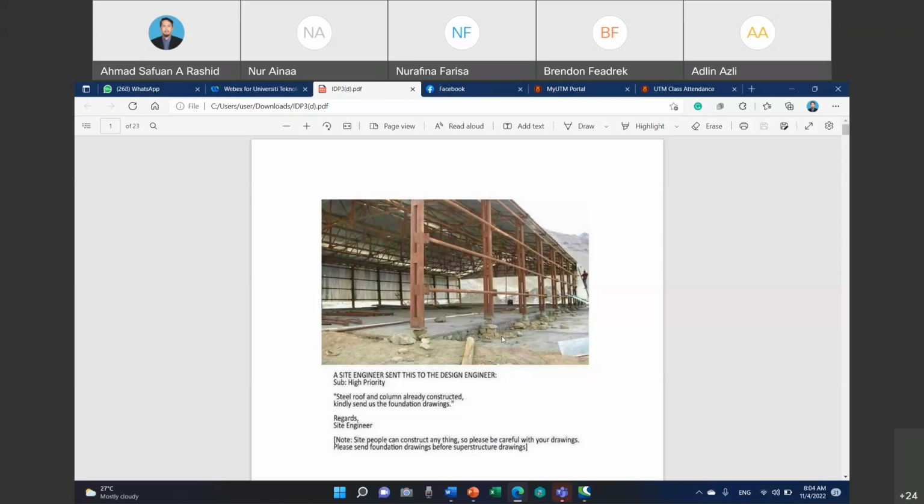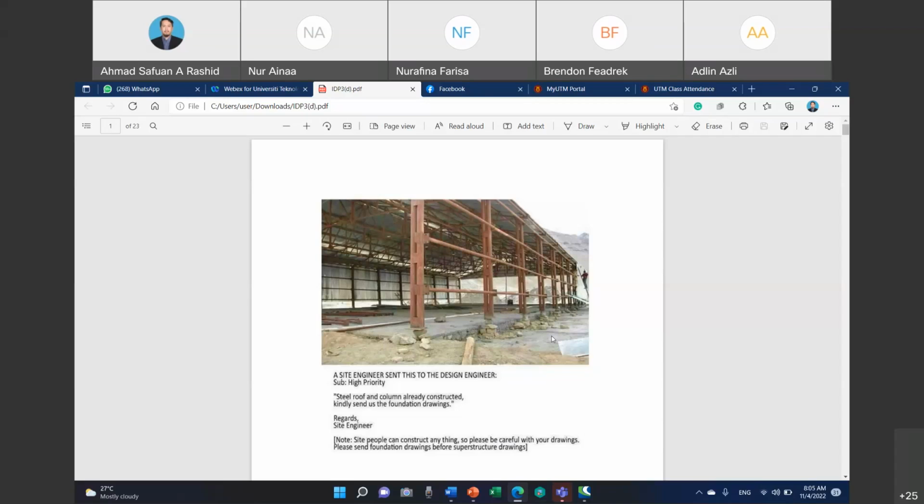Okay. So sebab apa? Sebab this fabrication of steel, most probably they have carried out at the yard. Then they just bring to the site and then assemble in the site, and while waiting for the drawing from the substructure, they just lay all this superstructure on the top of the bricks.